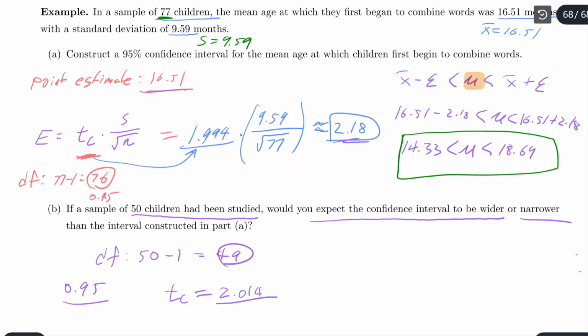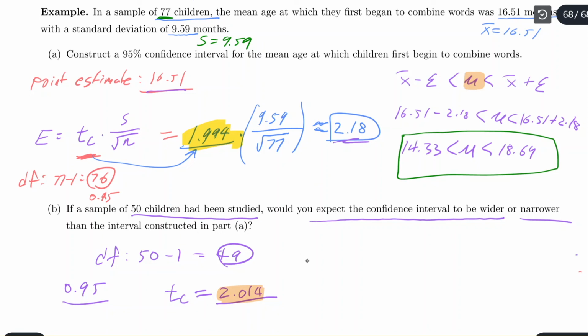So comparing this critical value and the previous one, 2.014 is bigger. That means the margin of error for this scenario, the sample of 50, will also be bigger because we're multiplying by a bigger number when we calculate the margin of error.